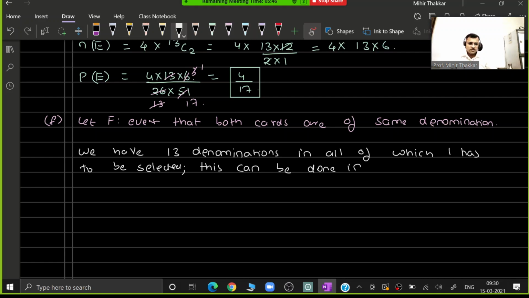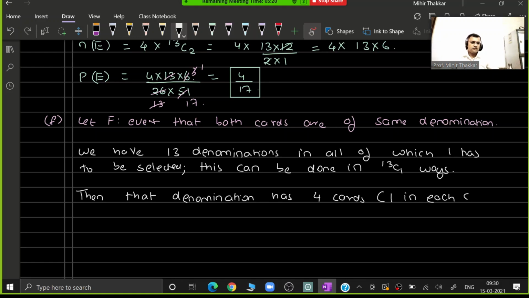This can be done in 13C1 ways. Then that denomination has 4 cards, I can write in bracket 1 in each suit, out of which 2 have to be selected.